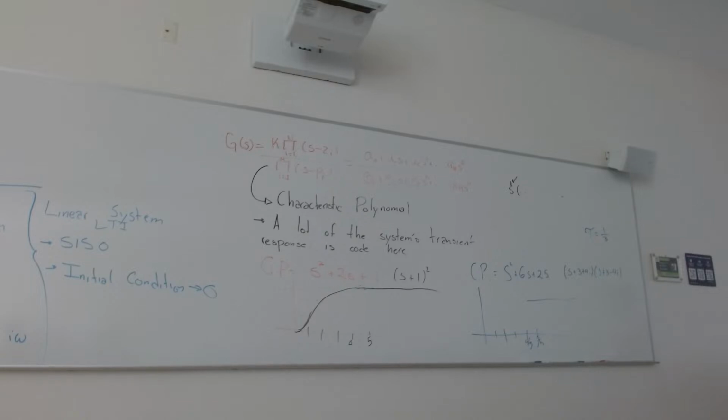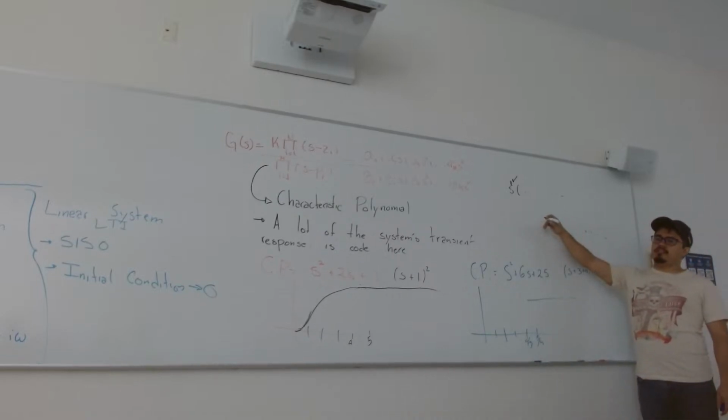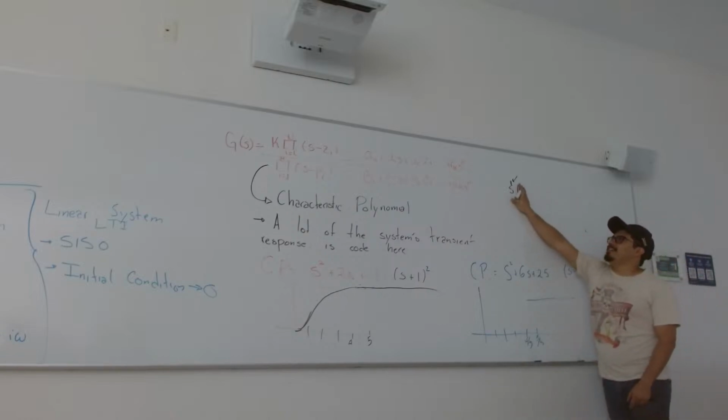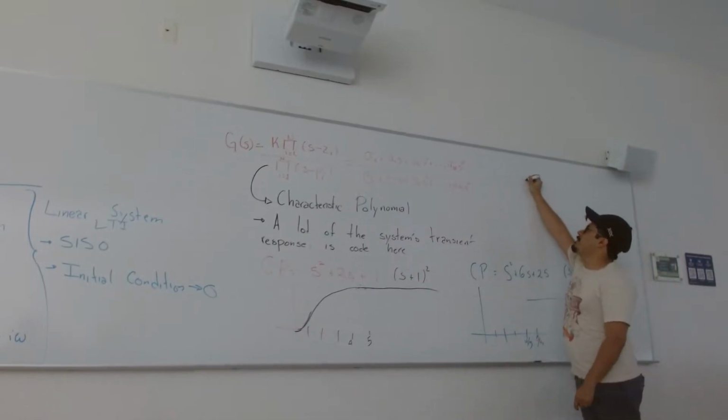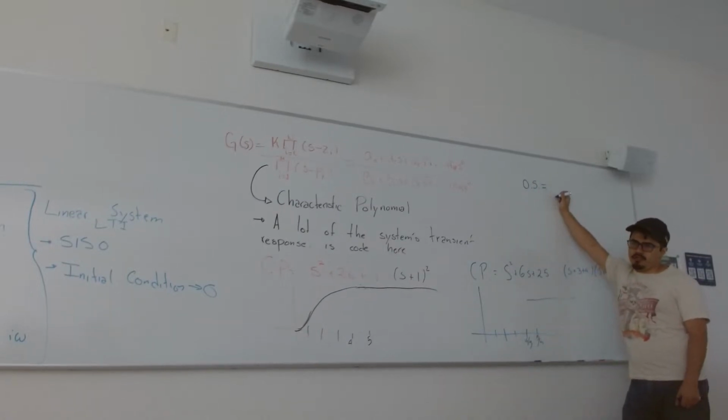What do I need to do to get the overshoot? I'm looking for the maximum overshoot. How do I calculate the maximum overshoot?